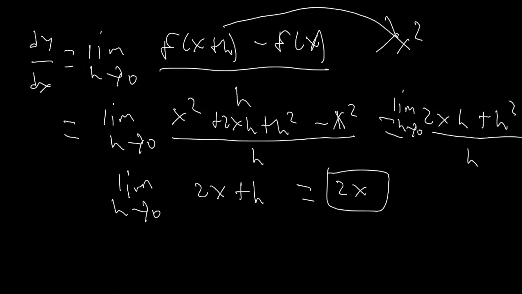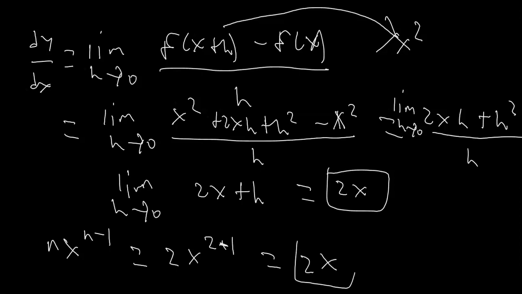And if we do it the power rule way, which is n times x to the n minus 1 power, we get 2 times x to the 2 minus 1, which is equal to 2x. So they both give the same result, which means that the power rule has been proven correct.